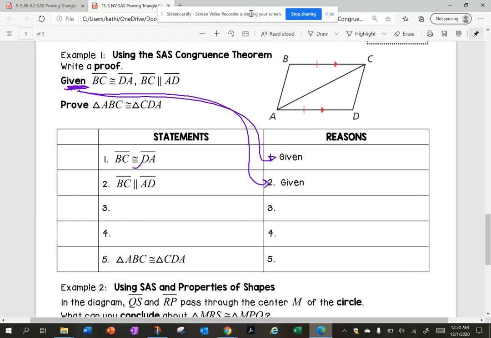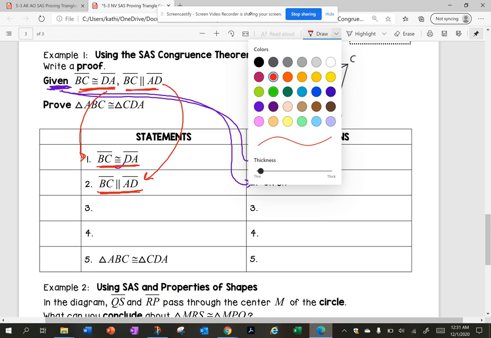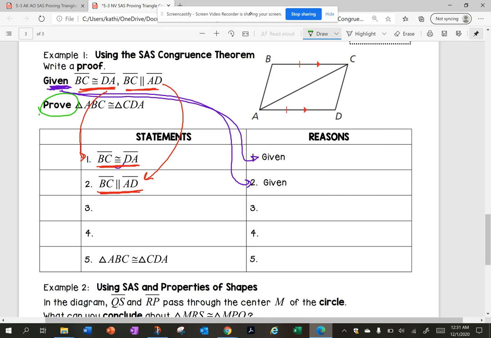So I am given that segment BC is congruent to segment DA, and segment BC is parallel to segment AD. I am doing the proving, so I never write that, and I'm trying to prove that triangle ABC is congruent to triangle CDA. So I put that as my last statement.